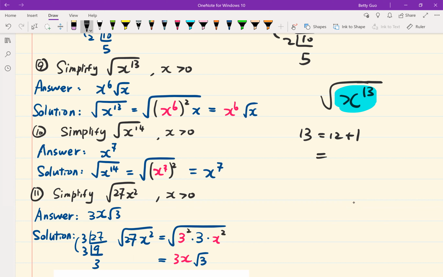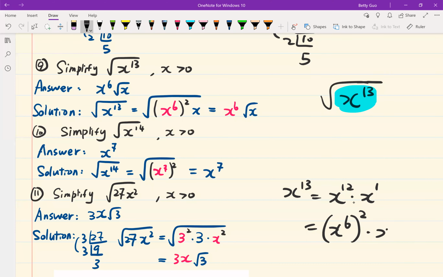And then write 12 as 6 times 2. Then x to the power of 13 would be x to the power of 12 times x to the power of 1. We use the formulas we learned from chapter 4. x to the power of 12 can be written as x to the power of 6 and then squared.